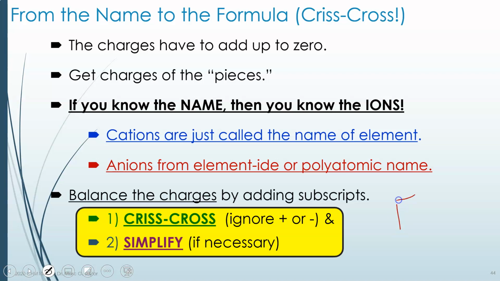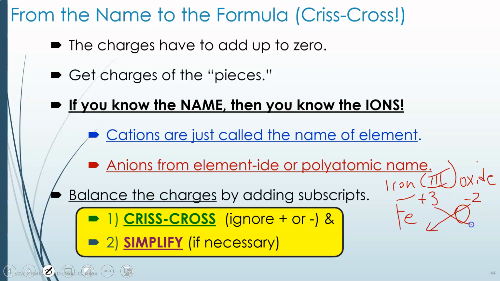For instance, if you know you have iron plus 3, so you were told it's iron 3 oxide. Well, you know that that's Fe plus 3. An oxide is by definition O minus 2. Well, the crisscross rule says, okay, forget the charges.